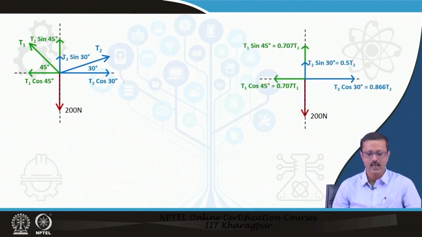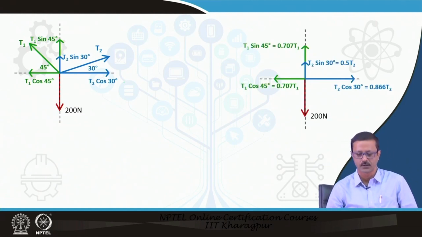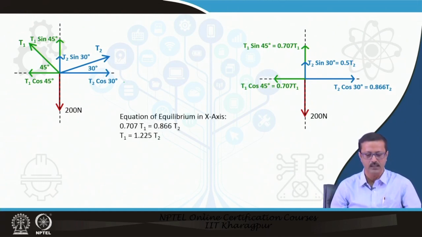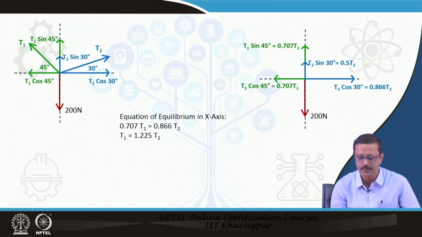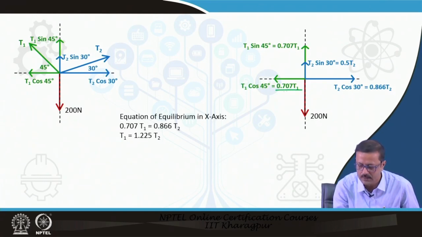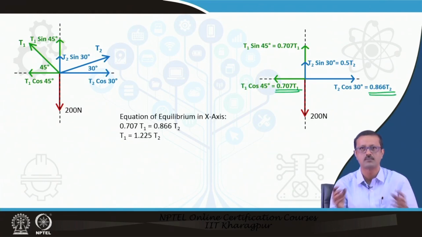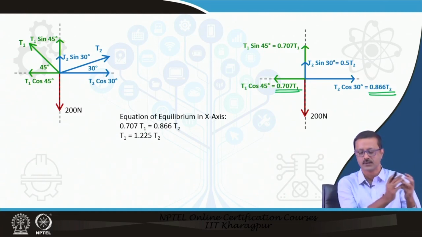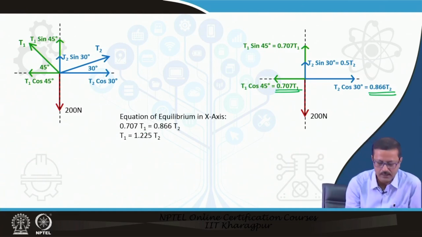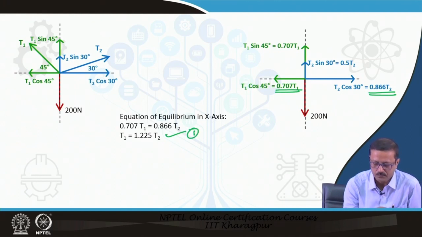Now, what I have is only the horizontal and vertical components of the load. If I equate the x axis, I have only this and this. These two must be equal, otherwise that particular body will move in the x axis direction. So, I get the first relation.